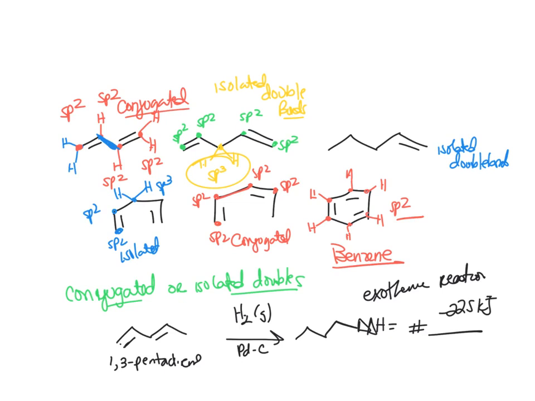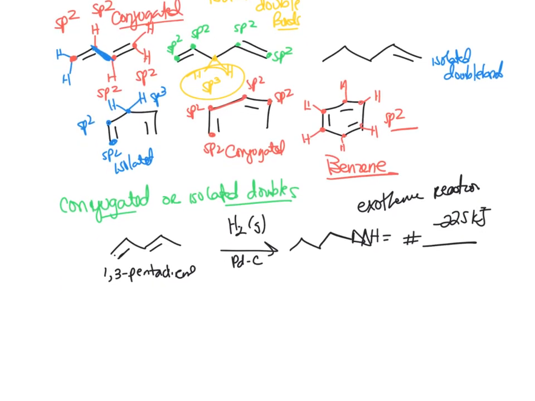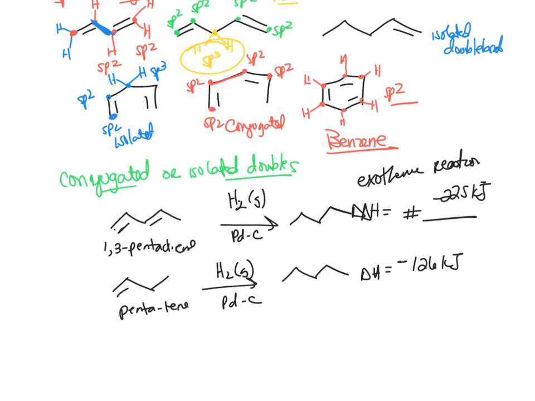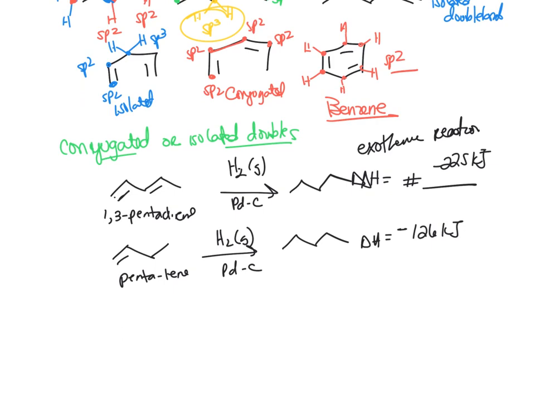And if you do this reaction with, let's say, pent-1-ene, so if it only has one double bond, and you take it all the way down to the alkane, that delta H will be a negative 126 kilojoules. Now let's do, this is conjugated.